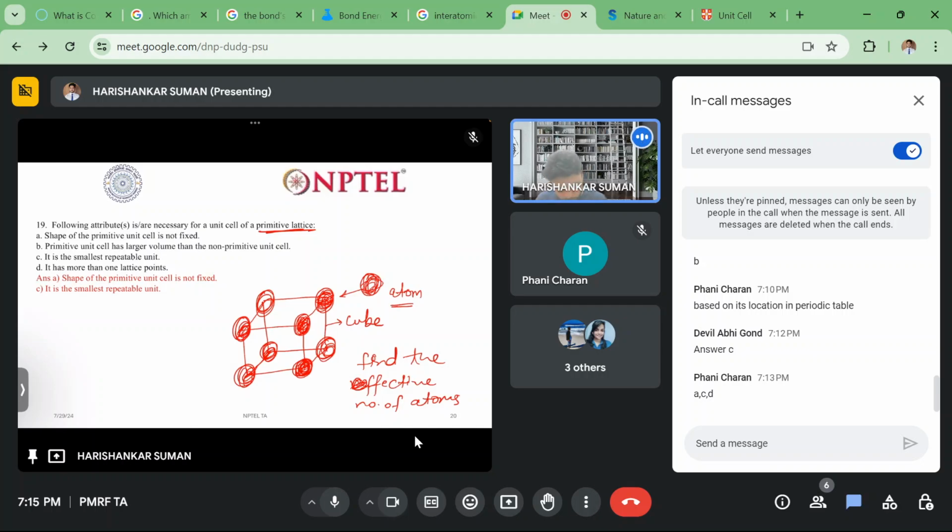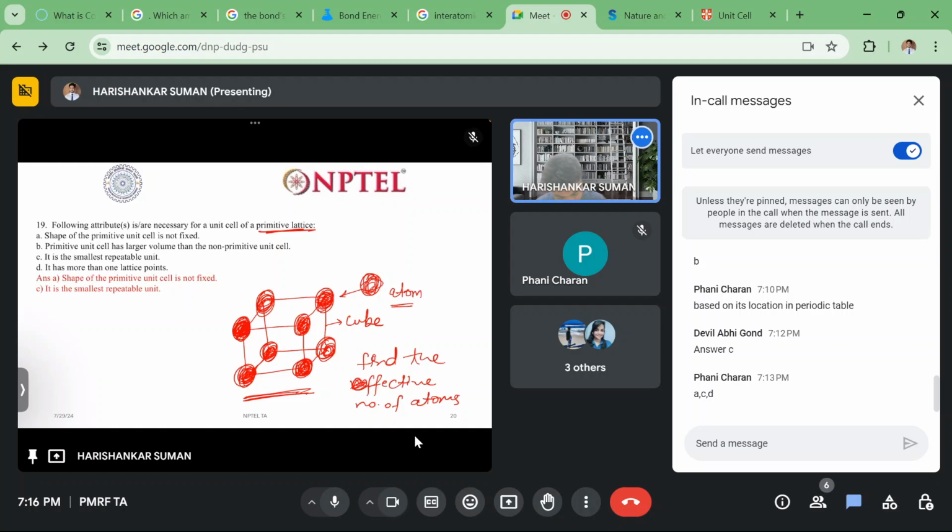So there is a cube. Please find the effective number of atoms.